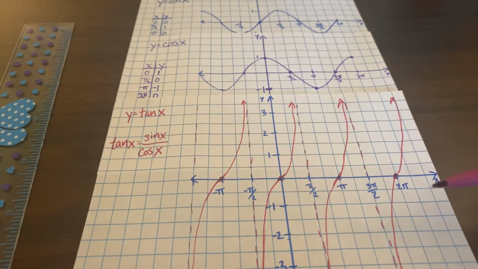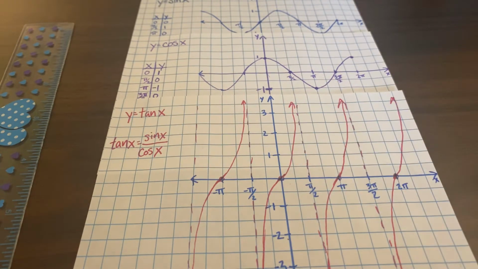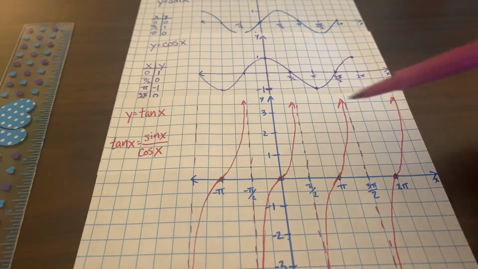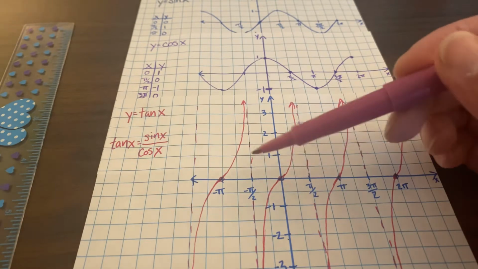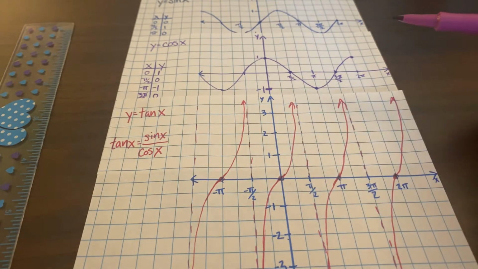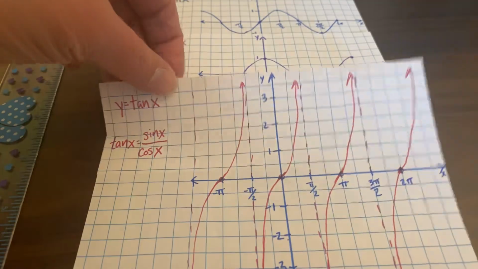The period of this function is pi. It repeats every pi units. And the x-intercepts happen at 0 and plus or minus pi, plus or minus 2 pi, plus or minus 3 pi, etc. Okay, that is the tangent function.